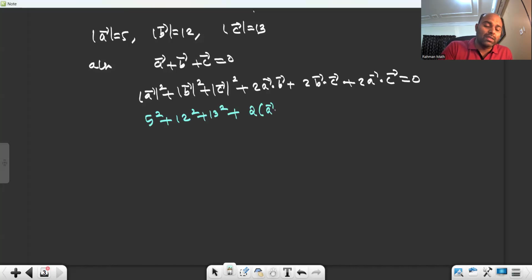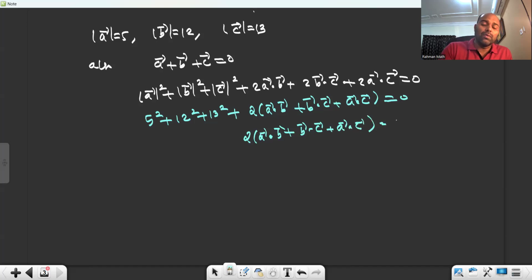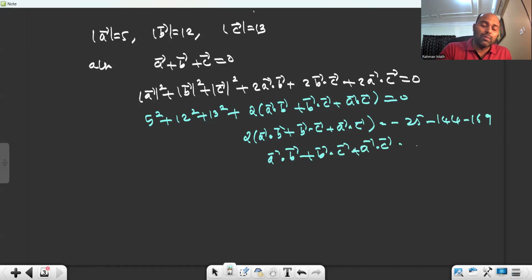Here 2 is common, we can take it out. 2 into A dot B plus B dot C plus C dot A equals minus 25 minus 144 minus 169.